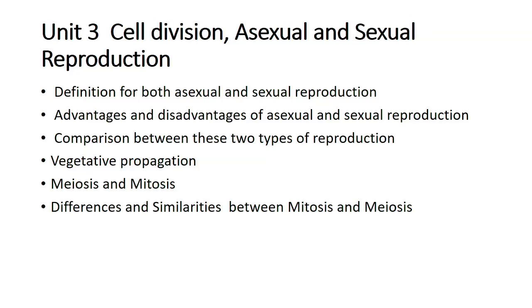Now, the types of reproduction: living organisms have different ways of reproducing. Let's talk about, for example, kingdom bacteria. All bacteria reproduce asexually through binary fission.